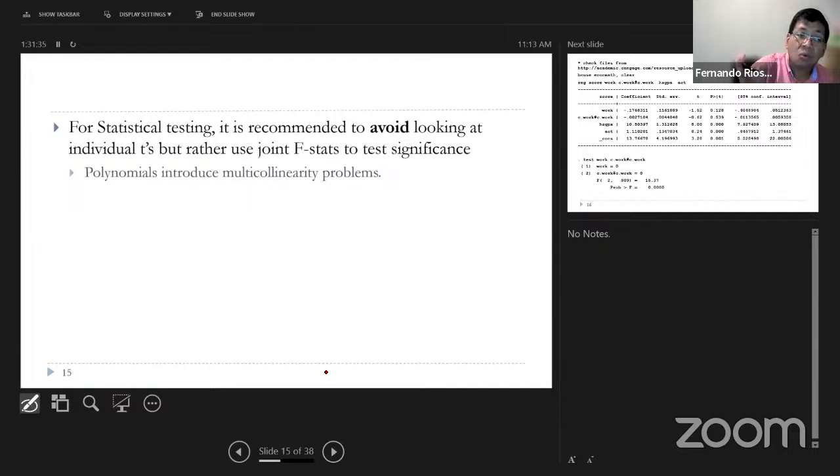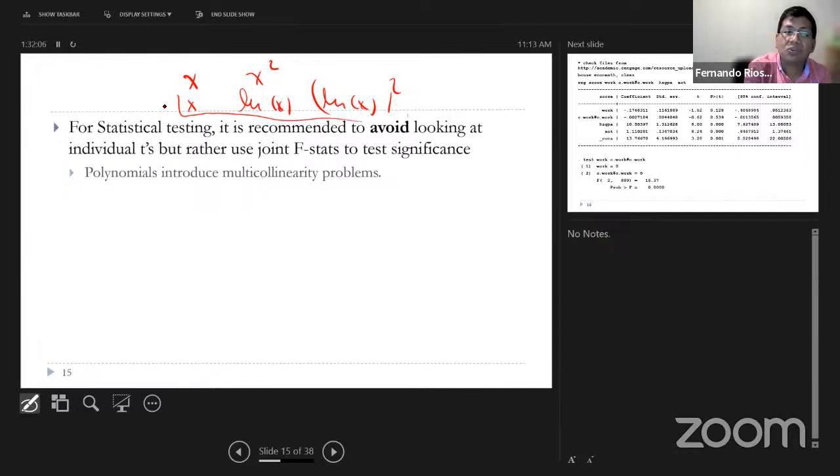Now, what's the problem of adding square parameters? First of all, when you have a square parameter, I would recommend you to avoid the knee-jerk reaction of looking at particular t-statistics when you have your level and your parameter in squares, or you have x and log of x, log of x squared, you have something like this.